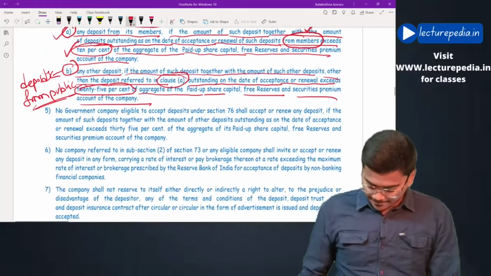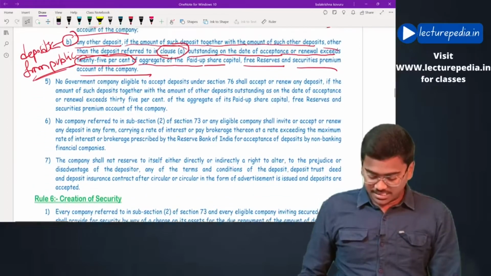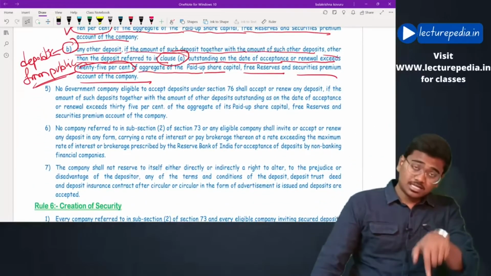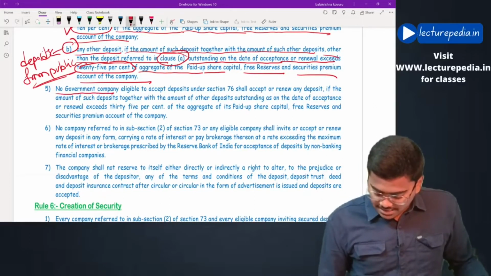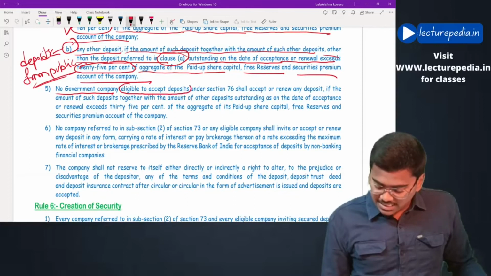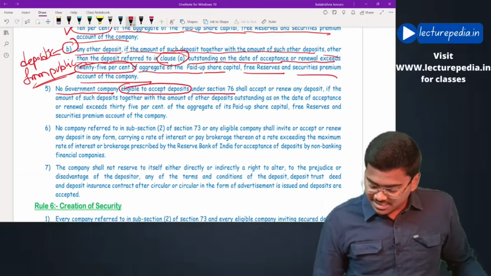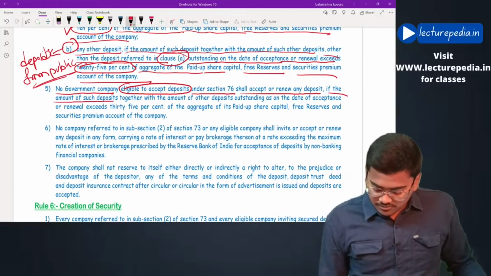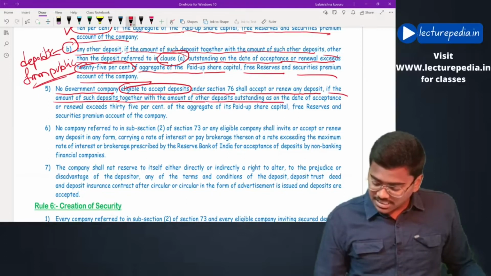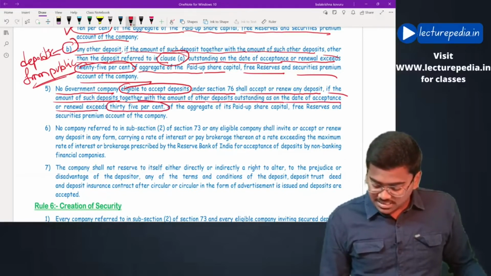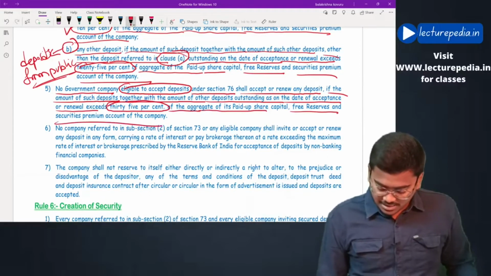Next, coming to government companies. In case of eligible company, government company, see, no government company eligible to accept deposits under 76 shall accept or renew any deposit if the amount of such deposit together with the amount of other deposits outstanding as on the date of acceptance or renewal exceeds 35% of the aggregate of the paid up share capital, free reserves and securities premium.